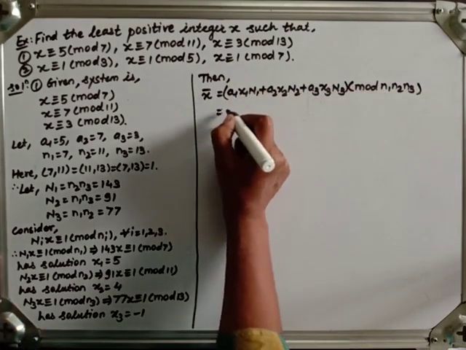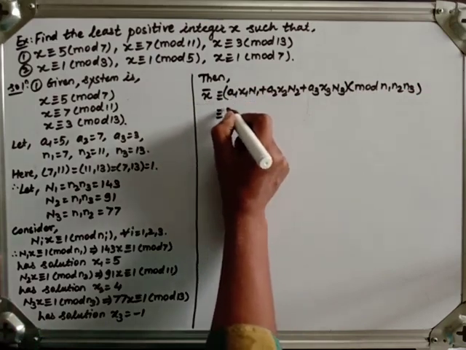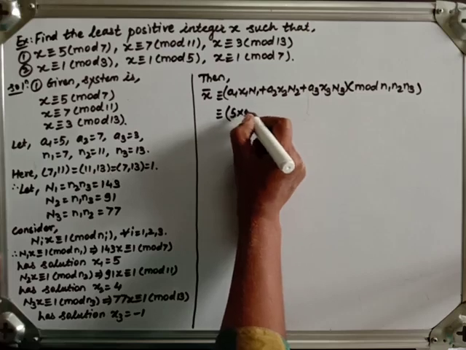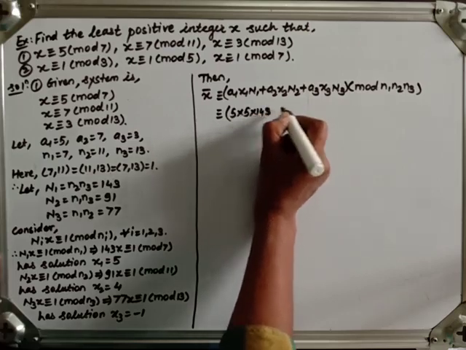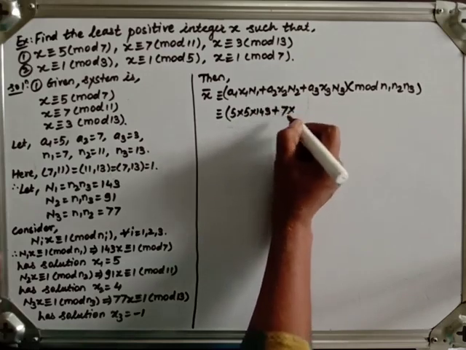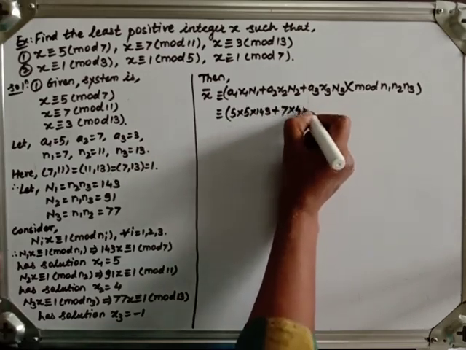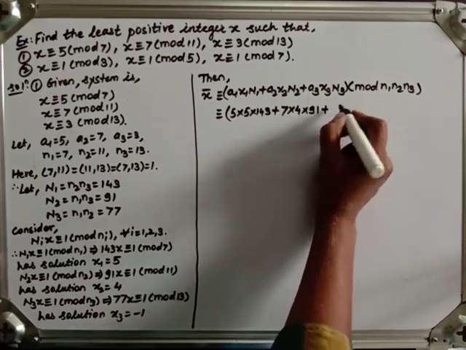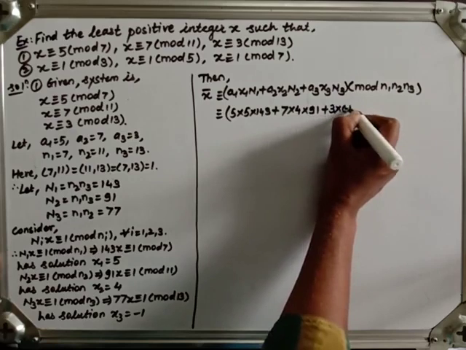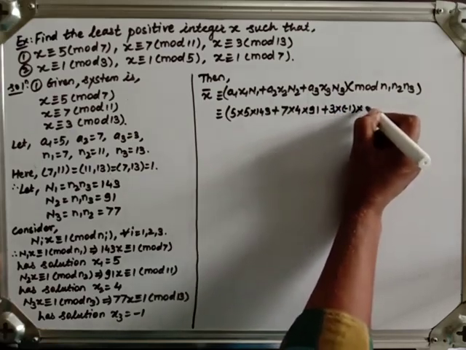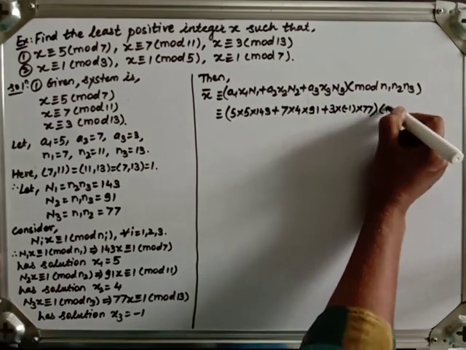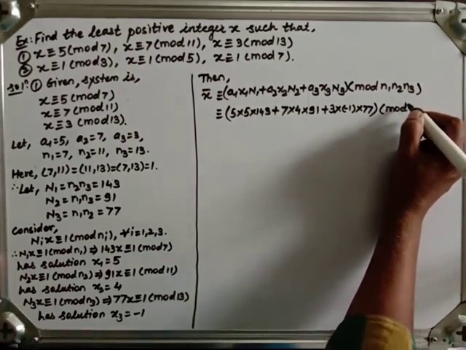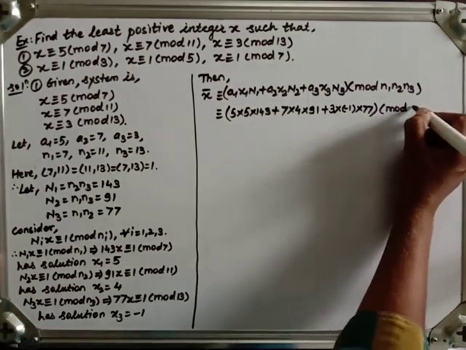So it gives us 5 into 5 into 143 plus 7 into 4 into 91 plus 3 into minus 1 into 77 modulo 7 into 11 into 13.